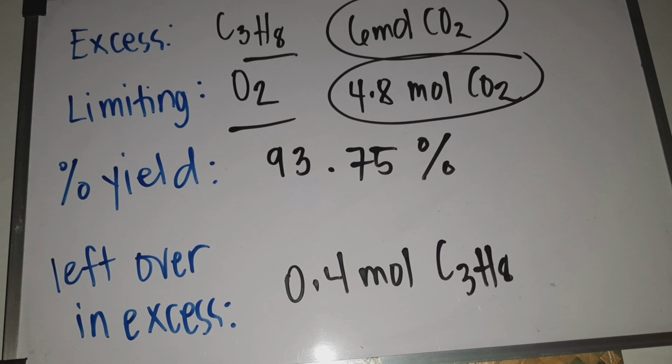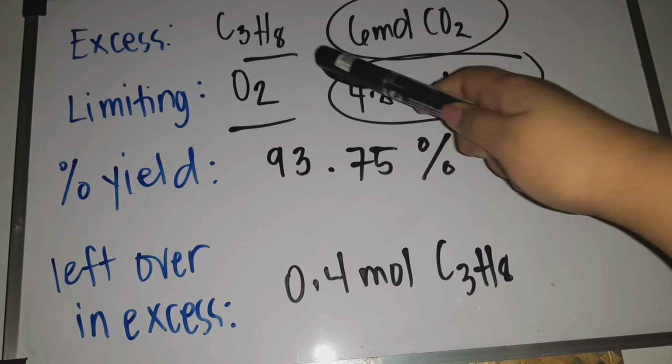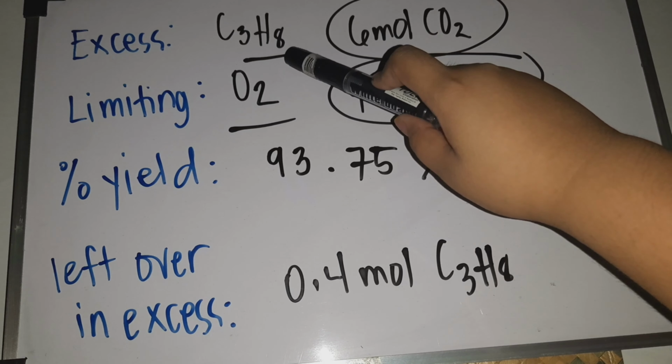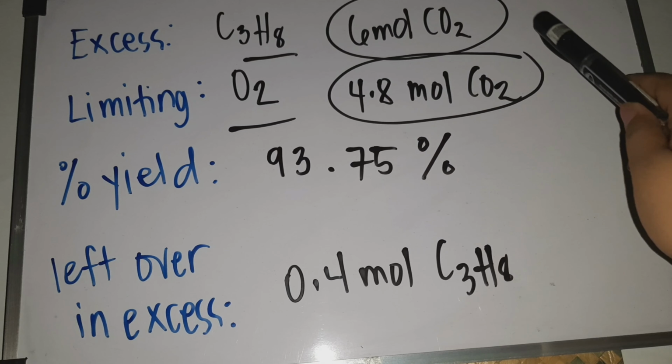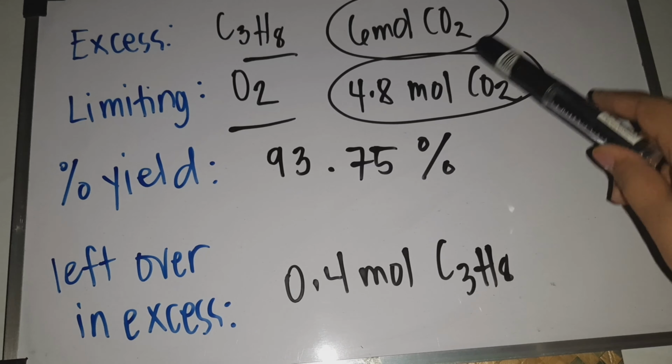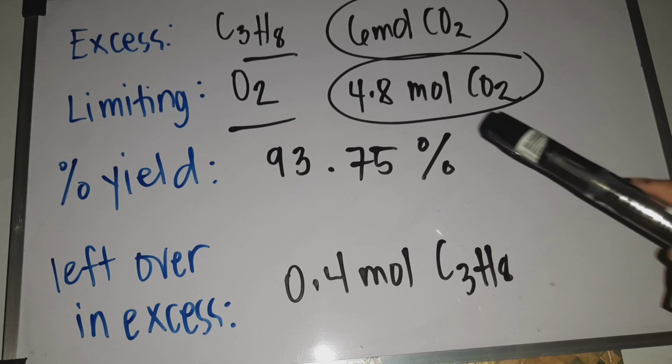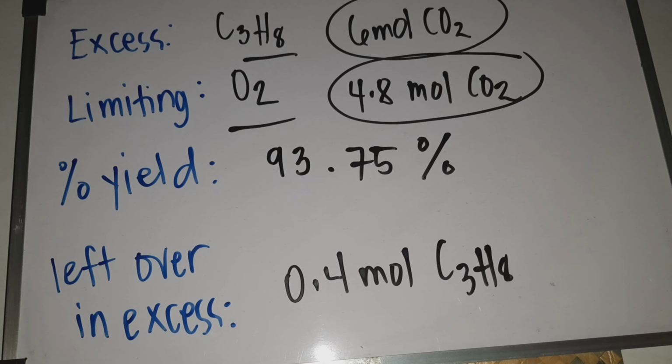Because sometimes, as we can see, we only have 2 mole of C3H8, but it is the excess, while our oxygen has a large amount, which is 8 mole, and that will be the limiting reagent. So the number of mole or the mass of our reactants will not determine if it is the excess or the limiting reagent.